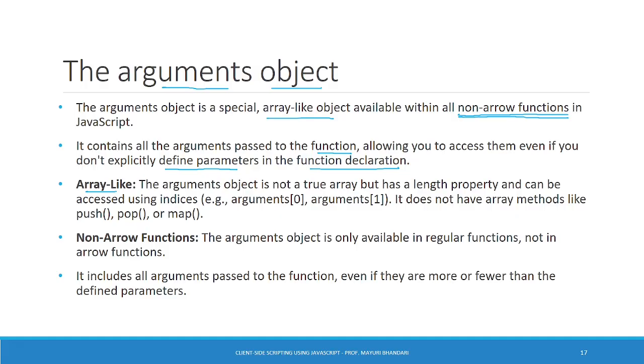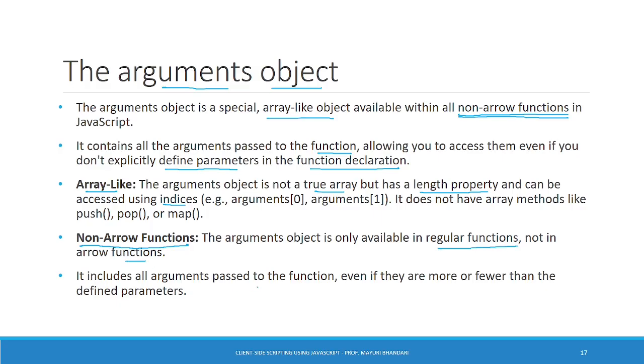Here are some properties of arguments object. It is array like. That means it is not true array, but it can use length property of array and can be accessed using indices. But it is not true array. Second important property of arguments object is you can use it only in non-arrow functions, only available in regular functions, not in arrow function.